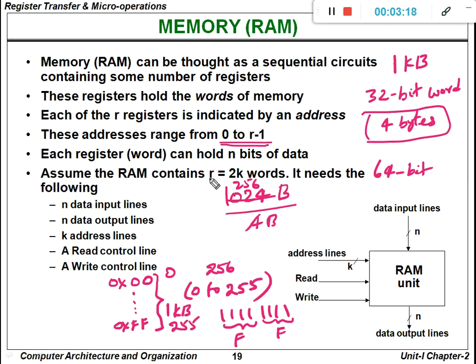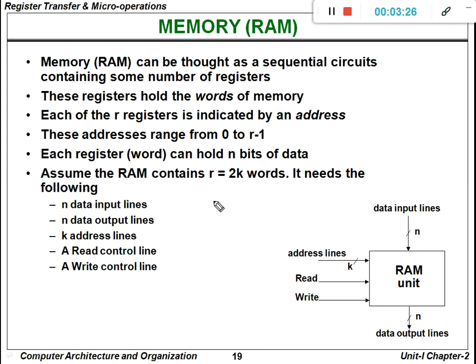Similarly, if the RAM capacity is 2K words, 2K words means 2 into 1024, and one word occupies 32 bits, which means 4 bytes. So this is the RAM capacity. How many address lines do we need now?